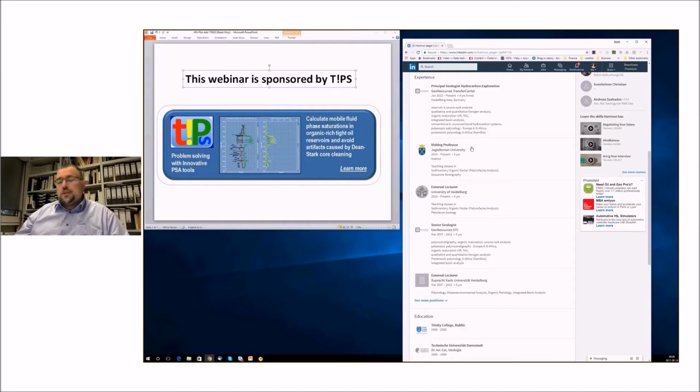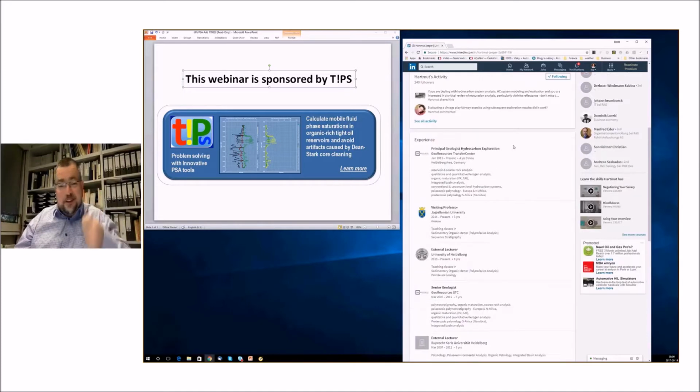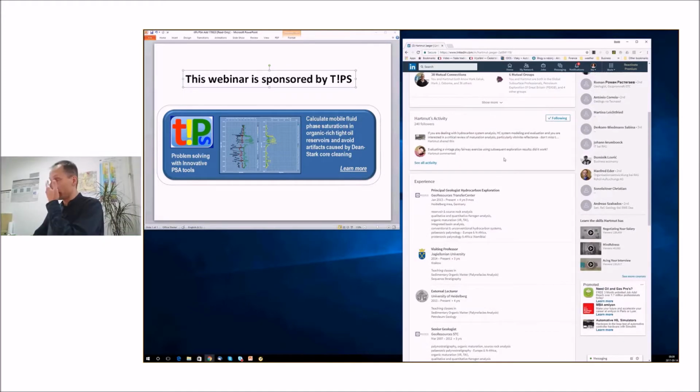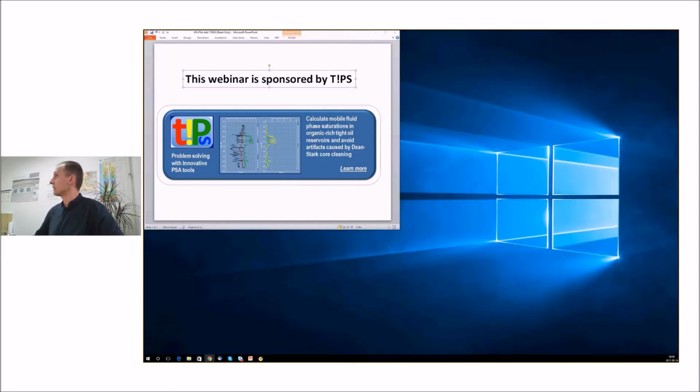Slightly associated. Yeah. And we met a few times at the conferences, and I realized Hartmut would be a great guy to give us some introduction to petrography of vitrinite and the way it can be analyzed and other maturity indicators. So I will now give the presentation to Hartmut, and Hartmut, you can start.